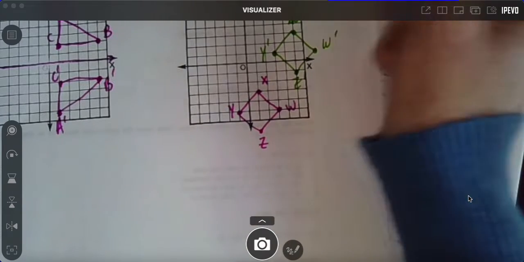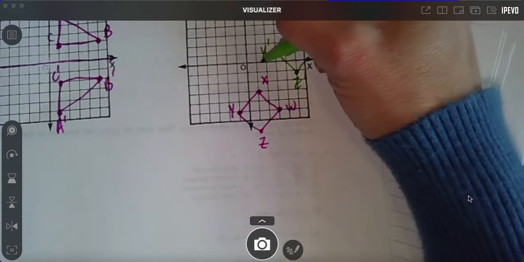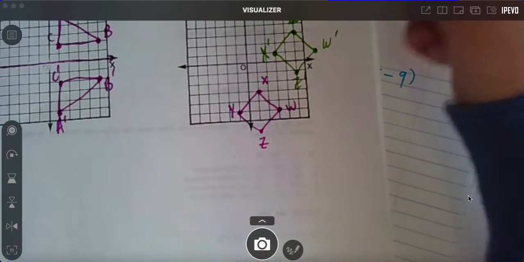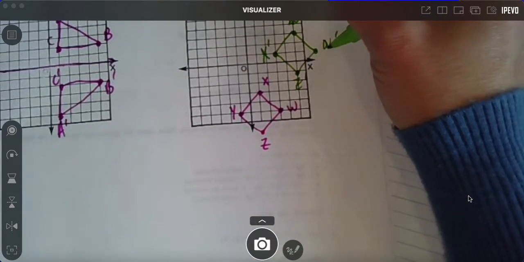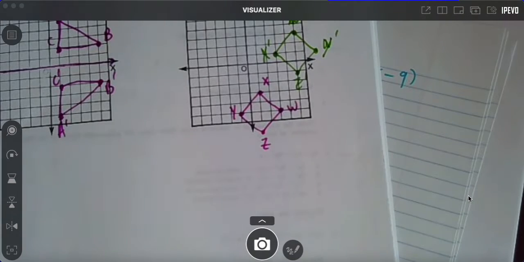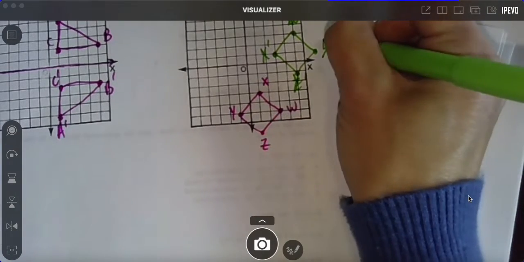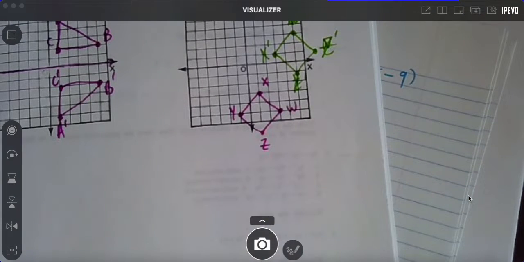That one's W. The X was the 3, 1. The Y was the 5, 1. That's Y. And that one is Z. That's Z. You did a really good job. All right, move on to the next one.